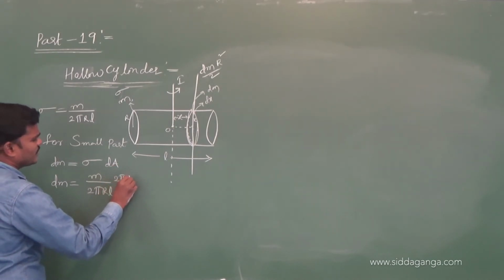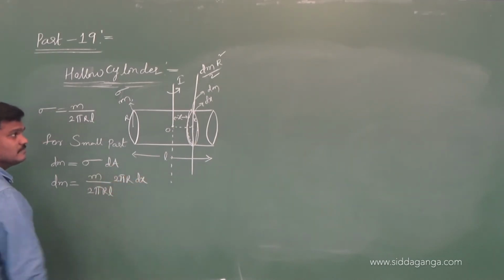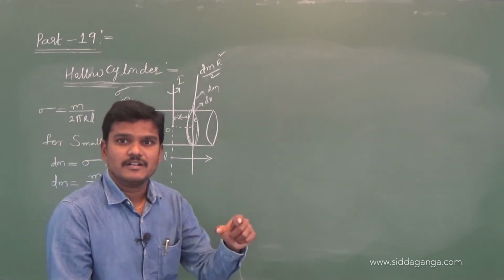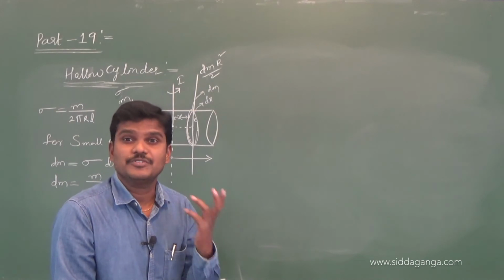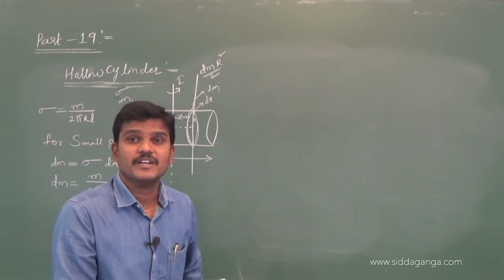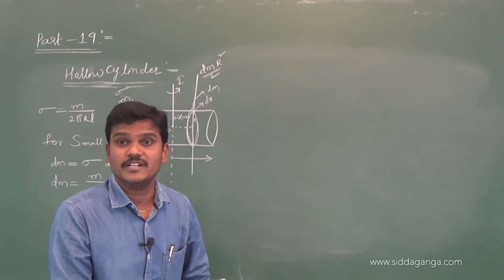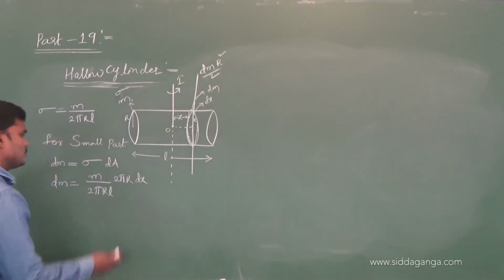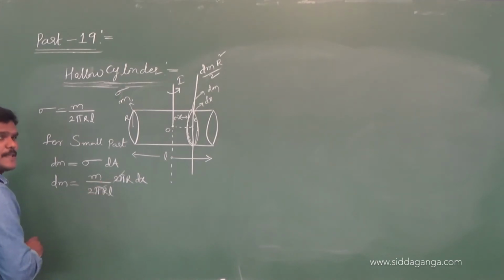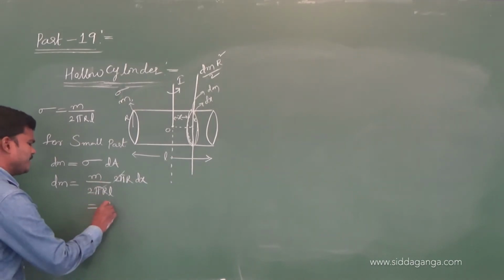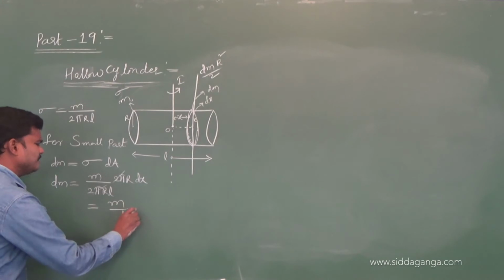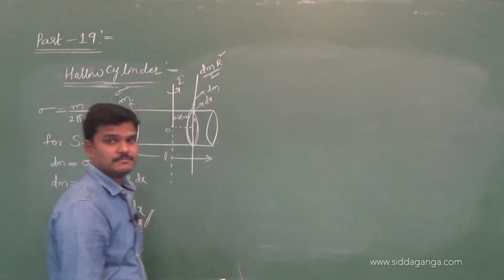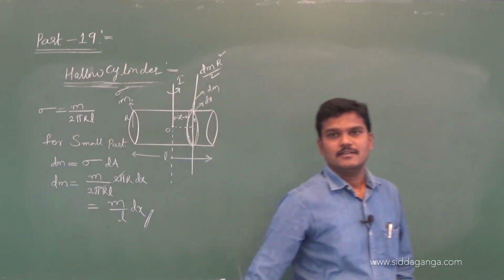The area of the ring is 2 pi R into dx, because the ring has thickness dx. Otherwise we could write pi R square, but the ring has thickness dx, so 2 pi R into dx. So 2 pi R gets cancelled. What value do I get here? I got dm as m by L dx.